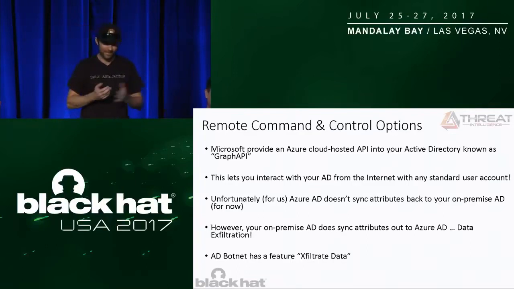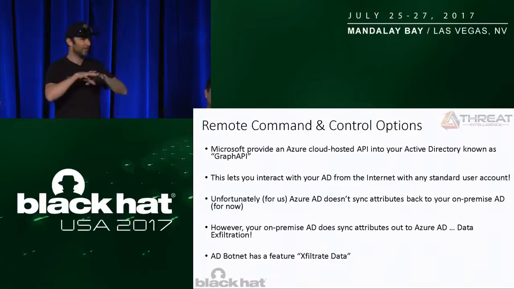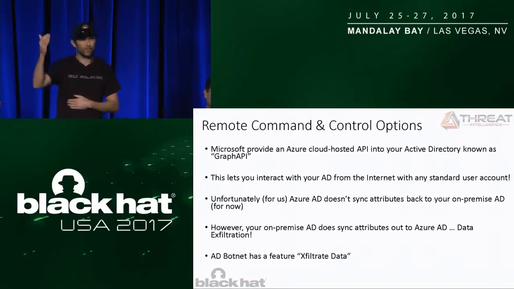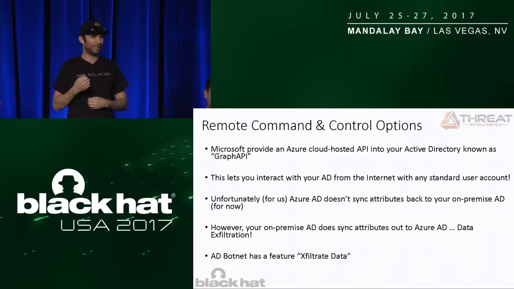This means that if you get your internal AD botnet, you can have your botnet start grabbing data such as these files, pushing them into particular what we call exfiltration attributes. They get synced up to Azure AD, and then we can, as a standard user account, just start extracting those directly from the internet via Graph API.